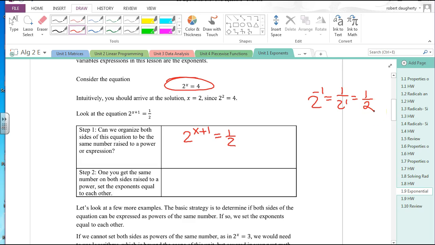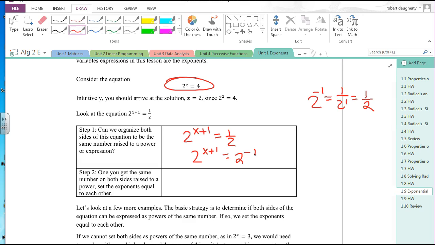Now, what you are accustomed to doing in this unit is me giving you something like this and telling you leave what? No negative exponent. So you're used to going from here to here. Now you got to be able to look at this and go back to here, okay? So 1/2, I can write this as 2 to the x plus 1 is equal to 2 to the negative 1. Does everyone agree with that? Okay? 2 to the negative 1 is 1/2.